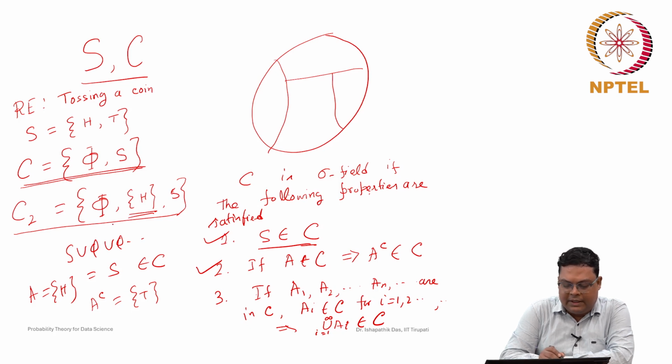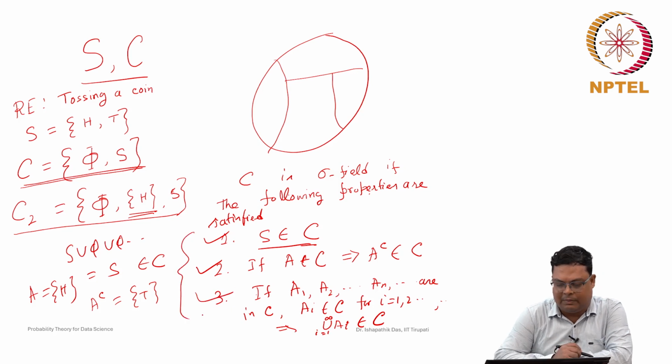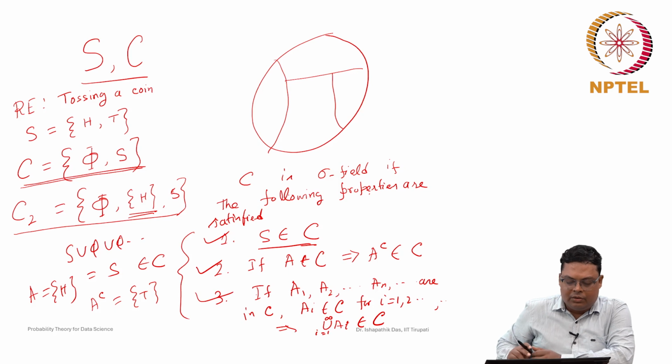So, this property is not satisfied by C2, and this is not a sigma field, because for a sigma field all three properties have to be satisfied.